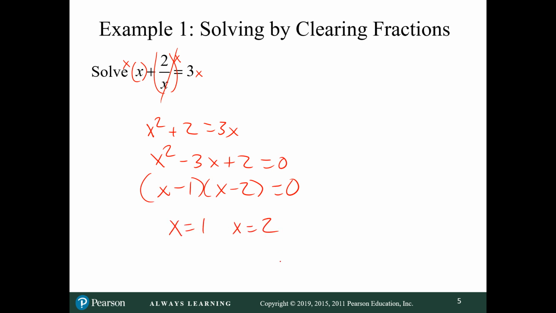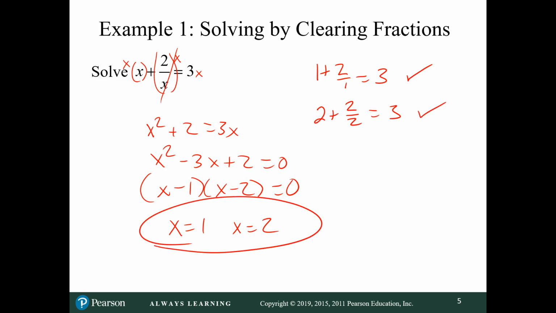X equals 2. Solving the equation. So if we stick a 1 in there, 1 plus 2 over 1 equals 3. Check. If we put a 2 in there, 2 plus 2 over 2 equals 3. Check. Both of them work. No extraneous solutions there.